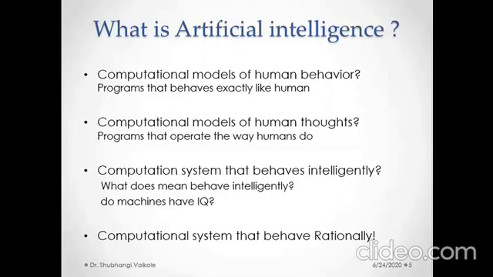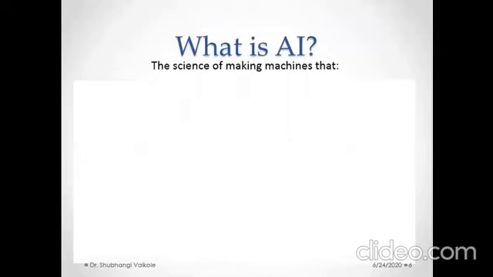What does it mean to behave intelligently? Do machines have IQ? Machines do not have IQ by themselves, but to make a machine intelligent, we have to program that machine. Computational systems that behave rationally. What is AI? The science of making machines that are able to do all these things.